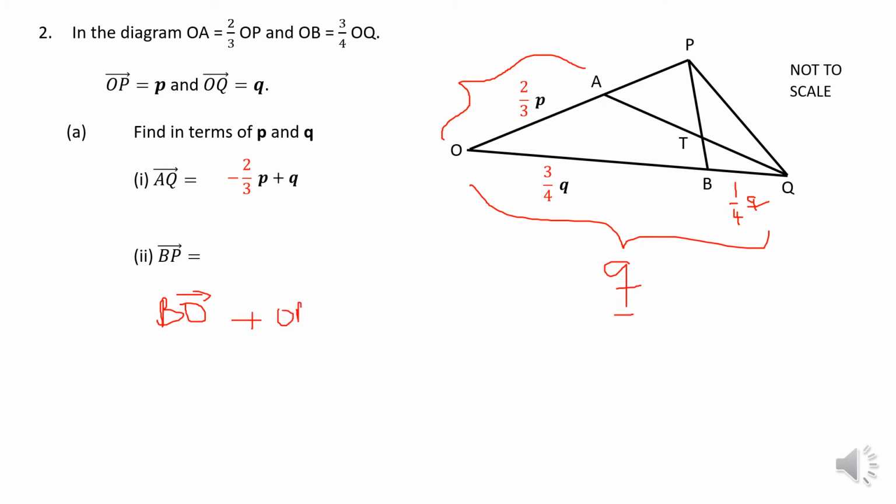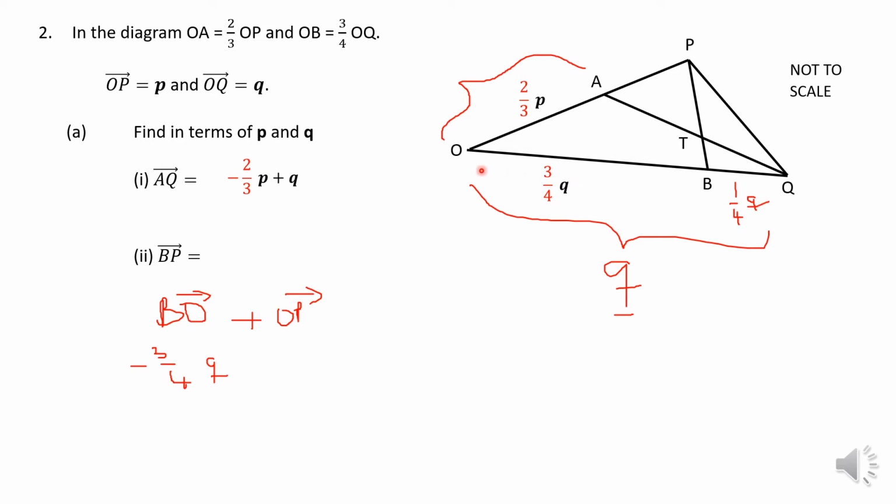So we know what OP is, all right? First of all, let's take BO. Since we have from BO, it is minus 3/4 of Q, because you are moving basically from B to O, so you're going against that.